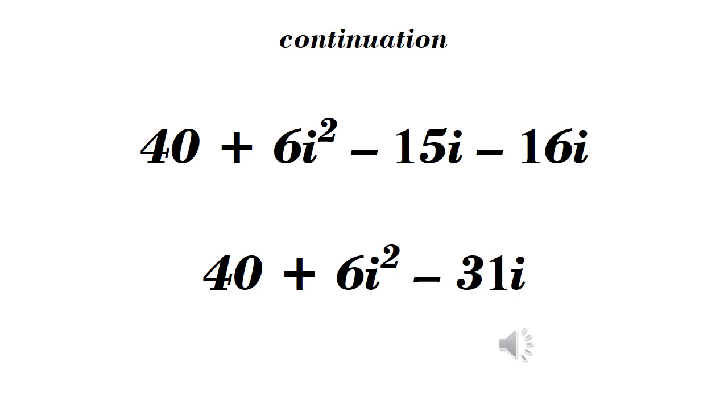When we collect the like terms, we have 40 plus 6i squared minus 15i minus 16i. We have collected the like terms, and then that will now give us 40 plus 6i squared, minus 15i minus 16i will give us minus 31i.